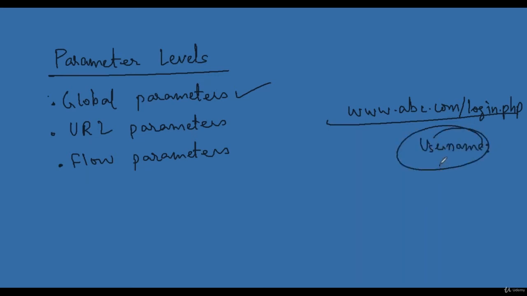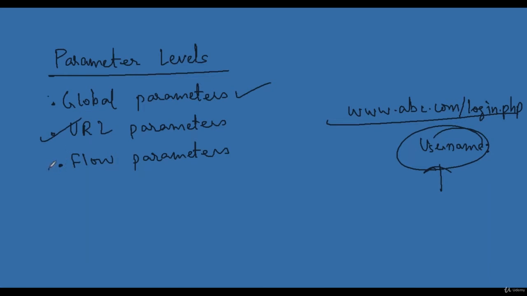So this parameter will be applicable only at the URL level. That parameter is relevant to that URL. Those types of parameters we call URL parameters.